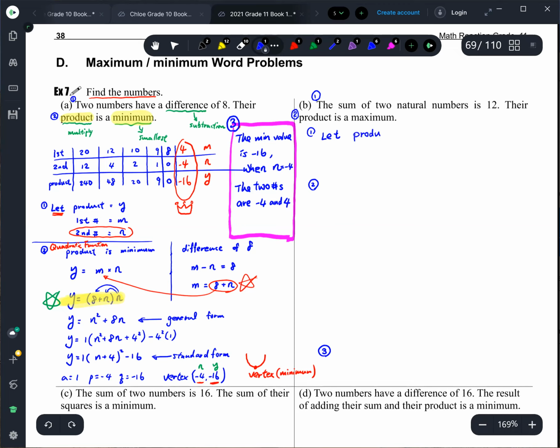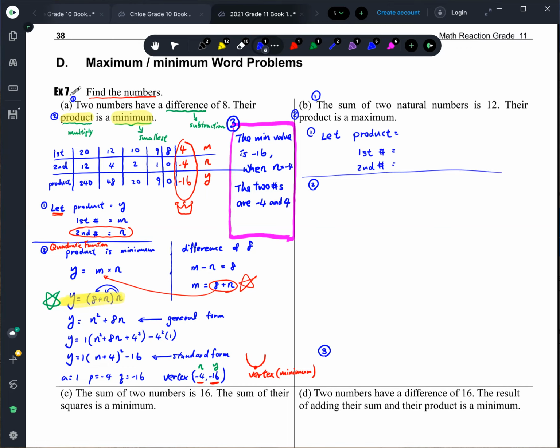The thing you want to make minimum is still the product. You still have two numbers, first number and second number. If there are any steps in question A you are not clear about, like how we did that, let me know.